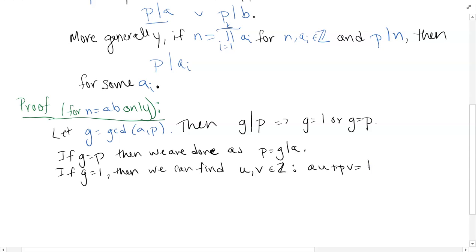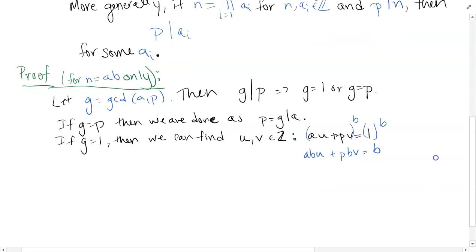Now I'm going to do something kind of tricky. Let's multiply both sides by b. That doesn't change equality, so I have abu plus pbv is equal to b.